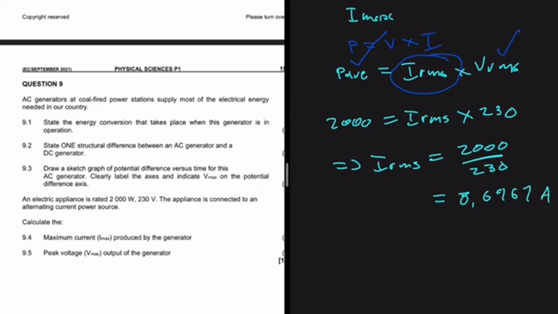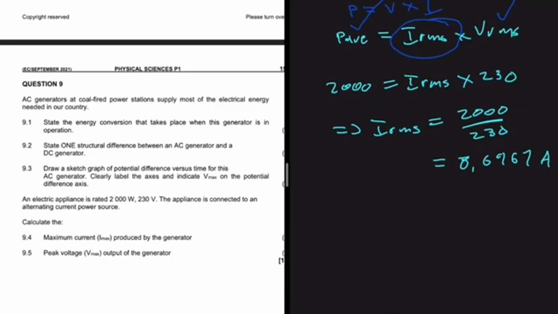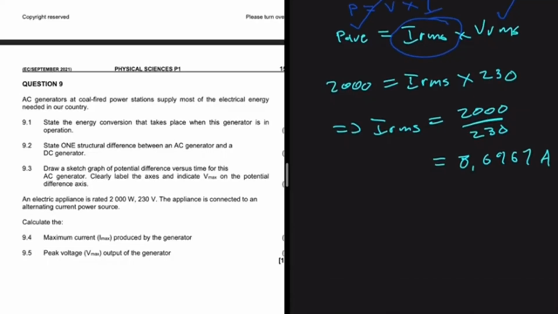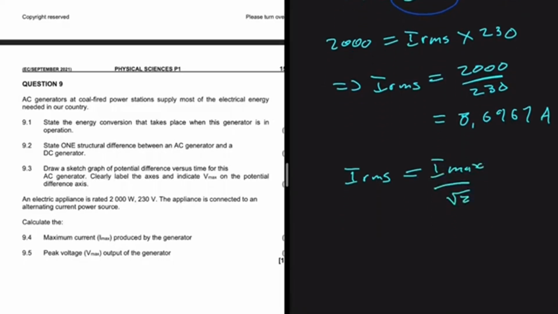We can go ahead and try to find the I max. What is the relationship between I RMS and I max? We know fully well that I RMS is equal to I max divided by the square root of 2. So in place of I RMS, we have 8.6957, equal to I max divided by the square root of 2.